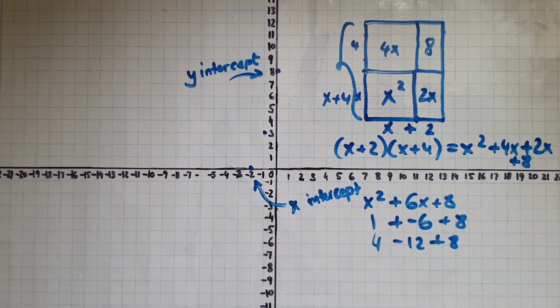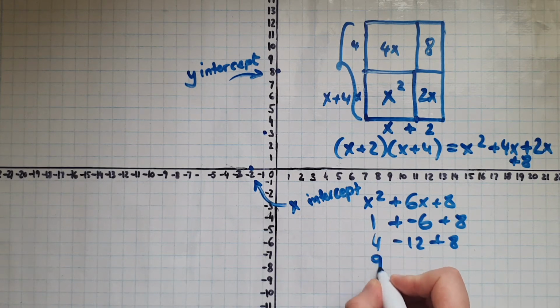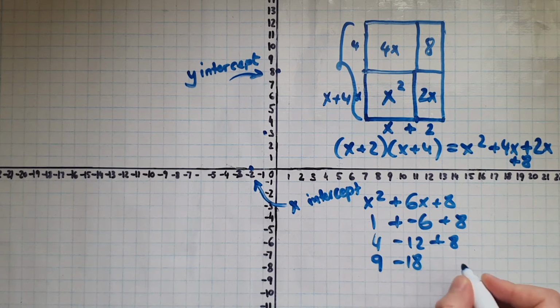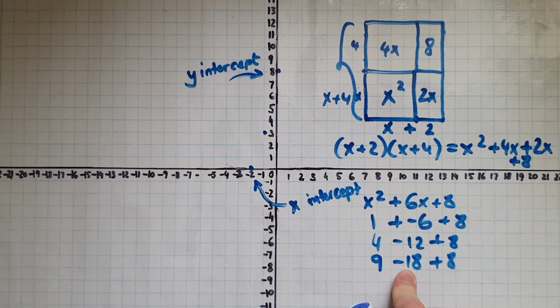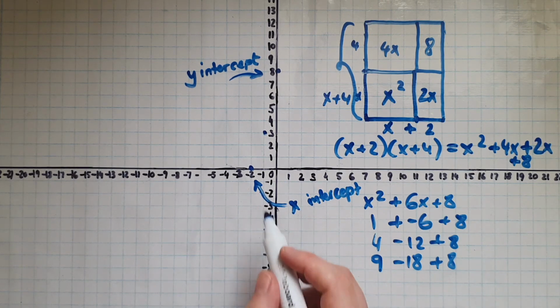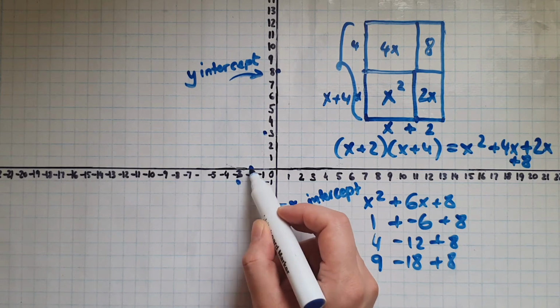Now let's just try when x is -3. So -3 times -3 gives us 9. -3 times 6 gives us -18, plus 8. So 9, take away 18, leaves us with -9. Add 8, that gives us -1. So we go to -3, -1, which is this point here.